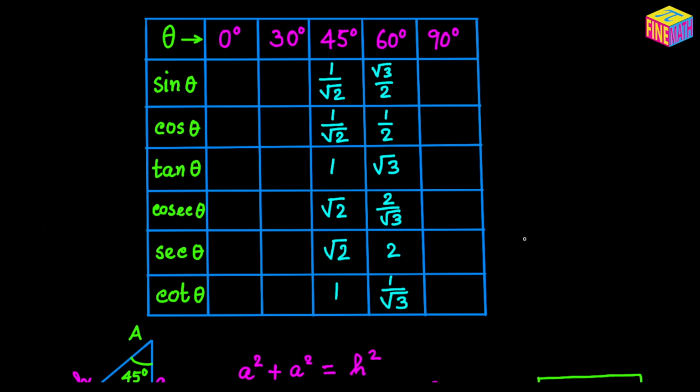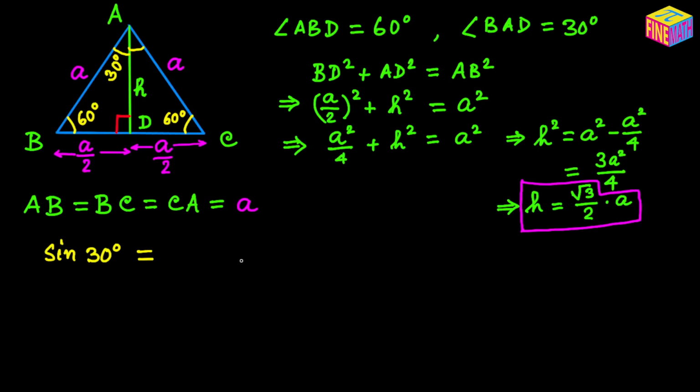Now let's focus on the 30 degree. Let's figure out what would be the values of these trigonometric ratios for the 30 degree angle. So I'm going to go back to the same triangle, and now we are going to calculate the ratios for 30 degree. So we are going to use the same triangle ABD, that's a right triangle, and for the 30 degree angle we are going to find the values of the trigonometric ratios.